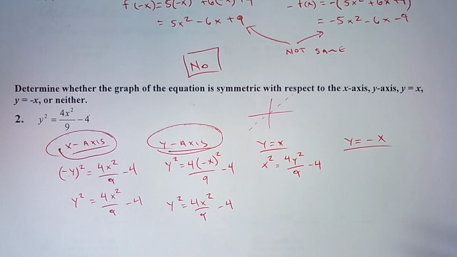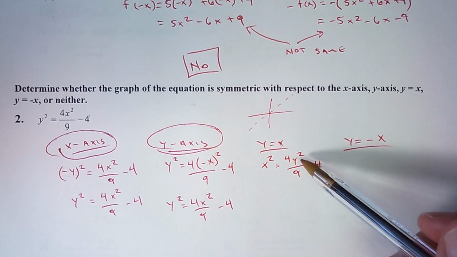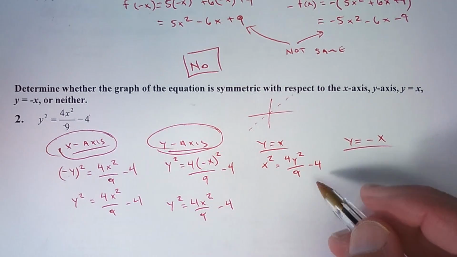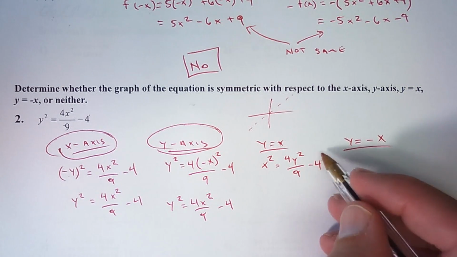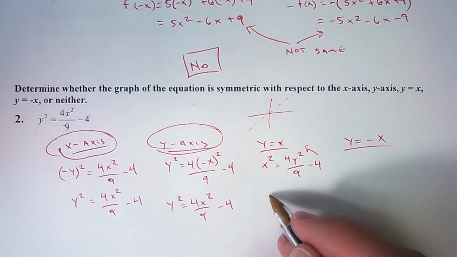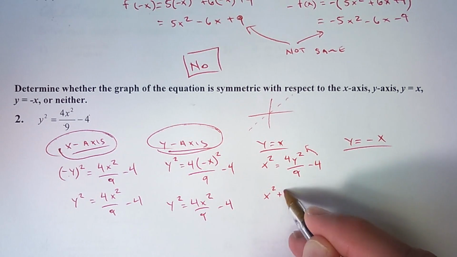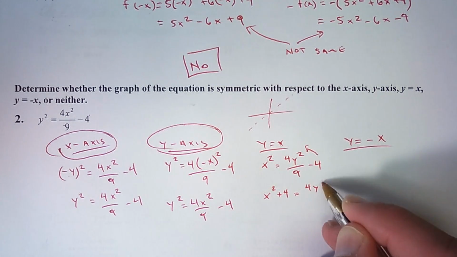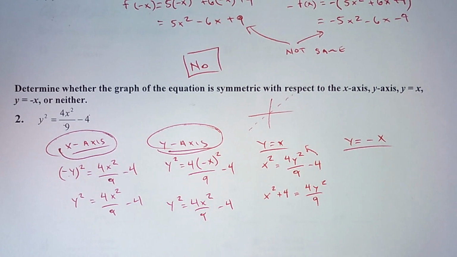So what I'm going to do is make one side match the original. So what I'll do is get y squared by itself and see if that matches this right side. So to get y squared by itself, let's move that 4 to the other side. I have x squared plus 4 equals 4y squared over 9.